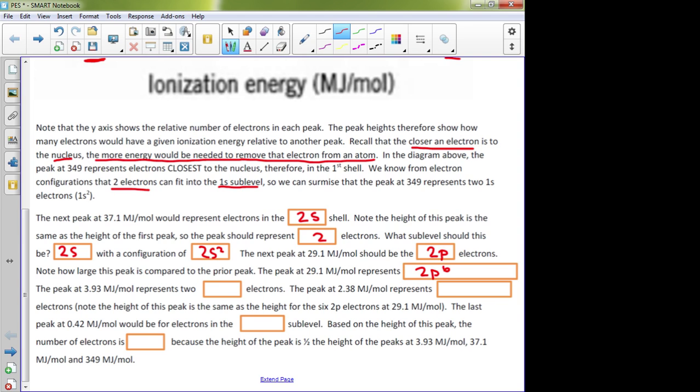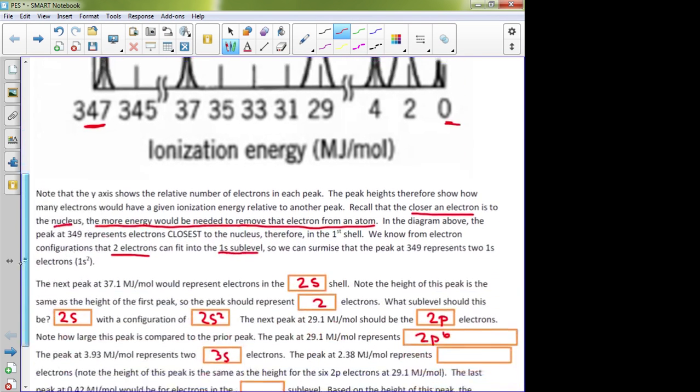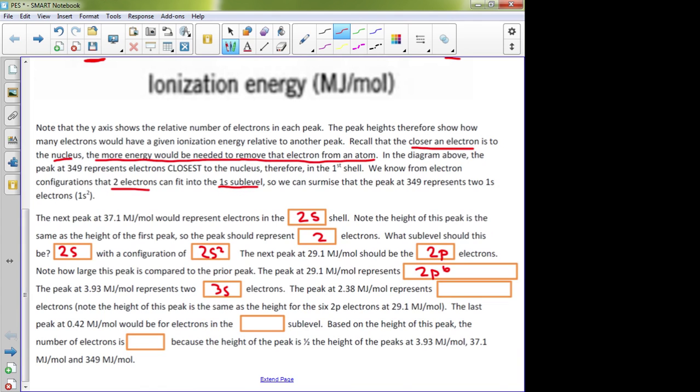The peak at 3.93 megajoules per mole represents 3s electrons, because after 2p comes 3s. The peak at 2.38 megajoules per mole represents the 3p6 electrons.